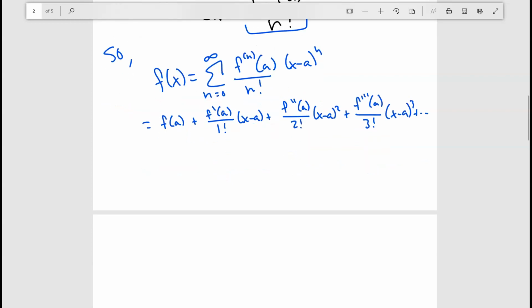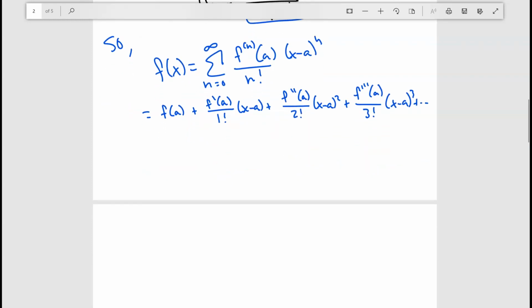So you can see the pattern. You first start off with the function evaluated at a value. You continuously take the derivatives. Whatever derivative that is gets divided by the corresponding factorial, and then same thing with the (x minus a). They just keep increasing.